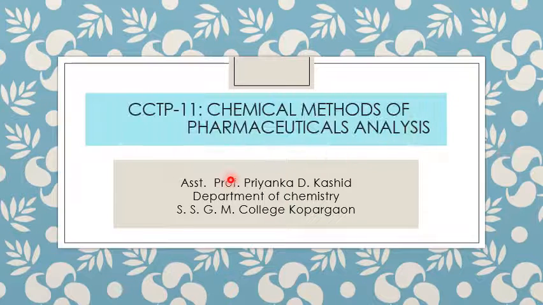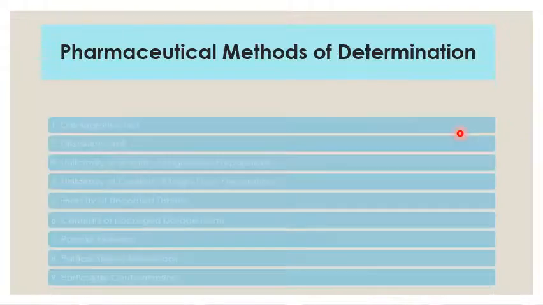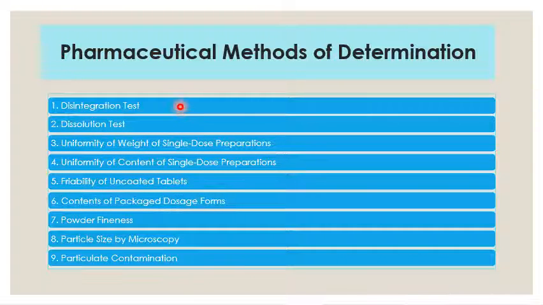Today we will discuss the Analytical Chemistry second year course CCTP 11, Chemical Methods of Pharmaceutical Analysis. In that course, we will see the pharmaceutical methods of determination. The points are: first is disintegration test, second is dissolution test, then uniformity of weight of single dose preparations.